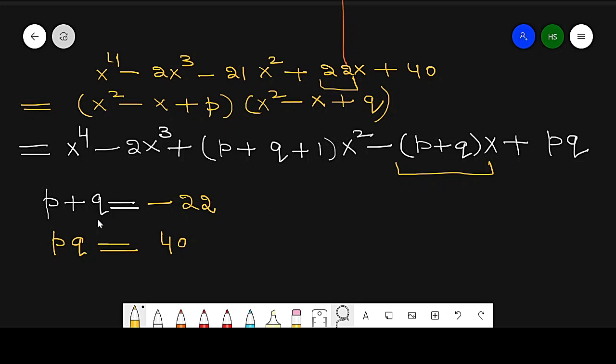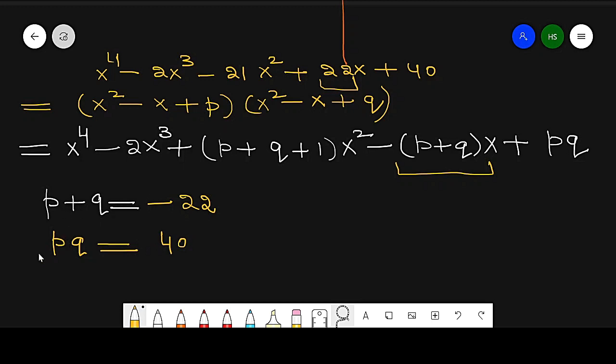Now to find the values of p and q, we can also use the method of finding roots whose sum and product are given.